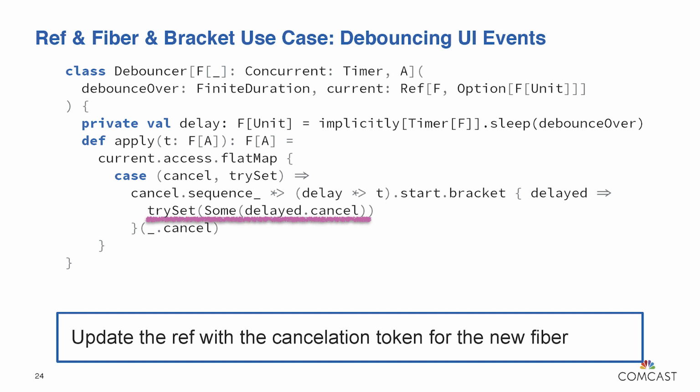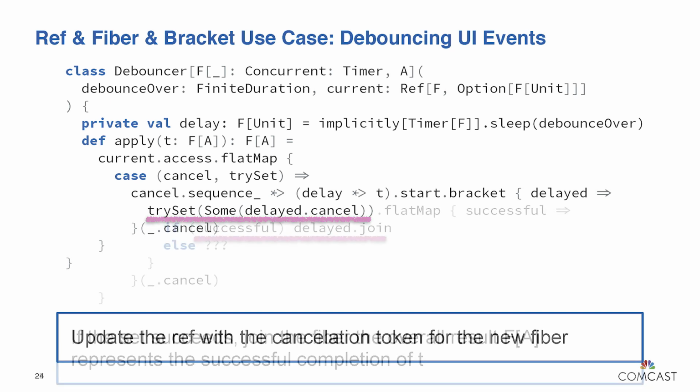All right, so what do we do inside of bracket? Well, the general idea is we just want to store off the cancellation token for the thing we started up. It'll be the new value of the ref. So we can call trySet, the thing that access gave to us as a function. I said that might fail, though, right? So we have to handle the case that it fails. Or we could ignore it, but we want to make this correct.